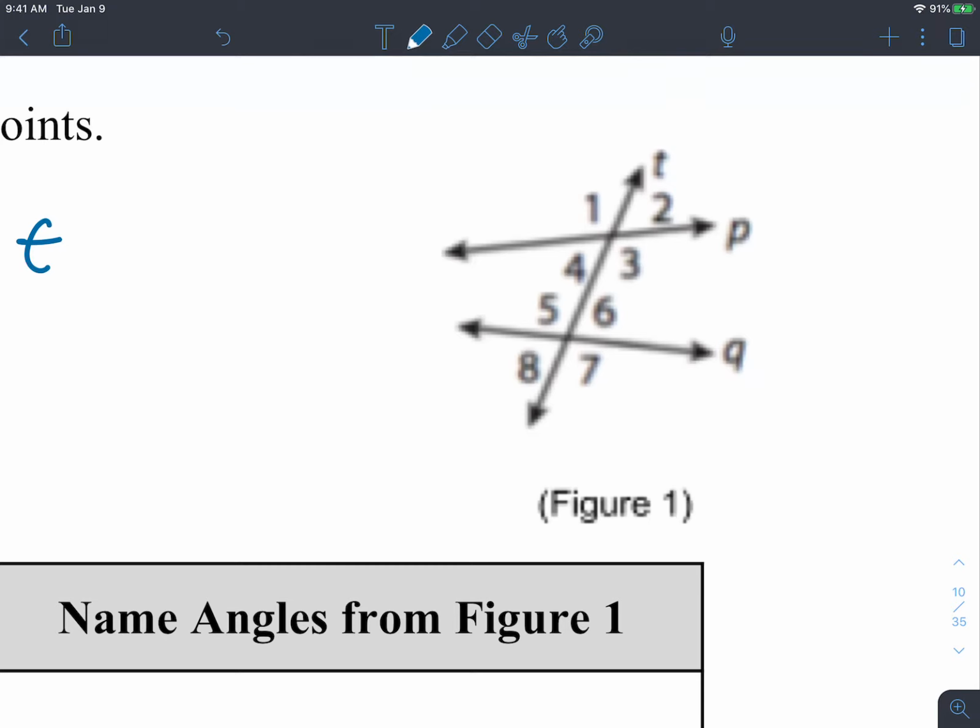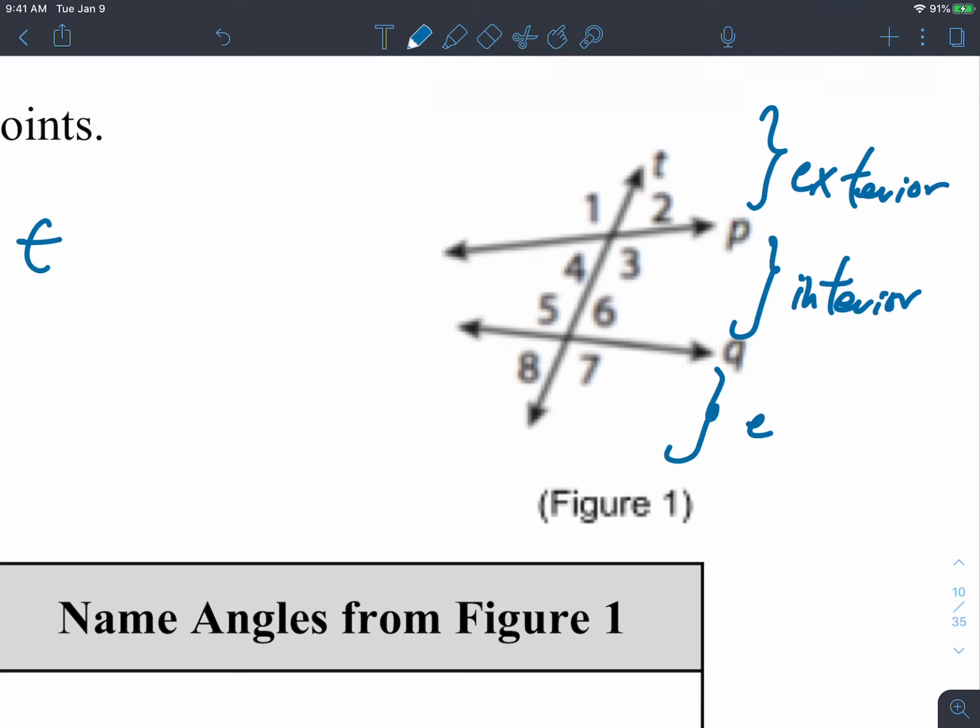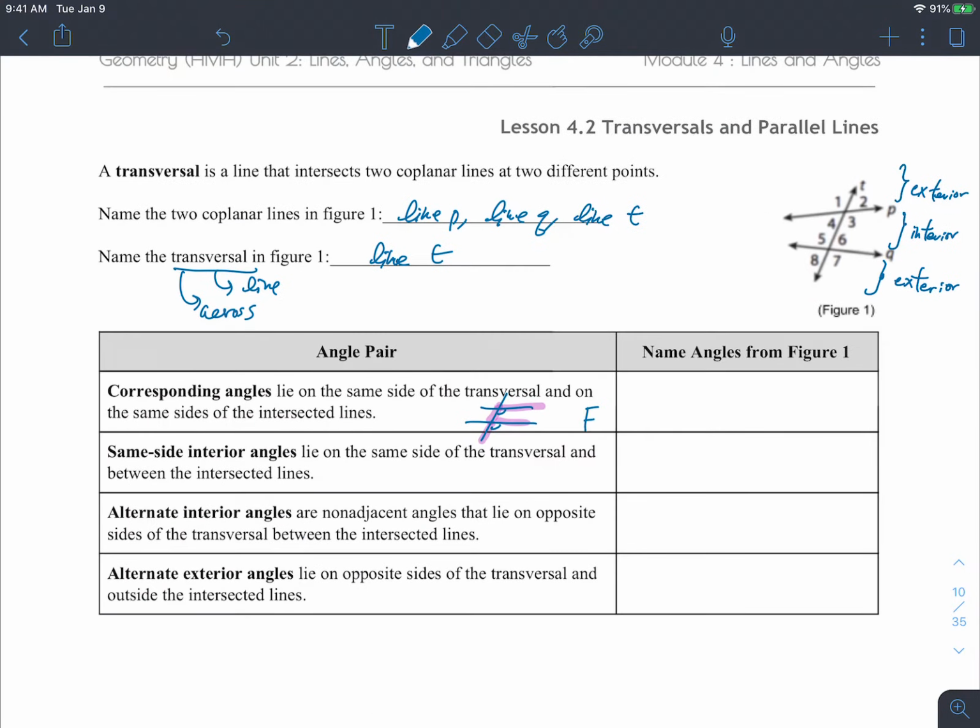Whatever's in between the two lines, let's call that the interior. Interior of the two lines, and over here is the exterior, and here is also the exterior of the two lines, right? Okay, that being said, we know that the corresponding angle, okay, here's another way to think about this.